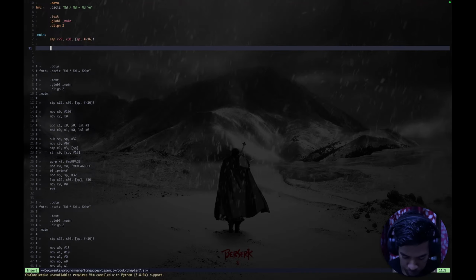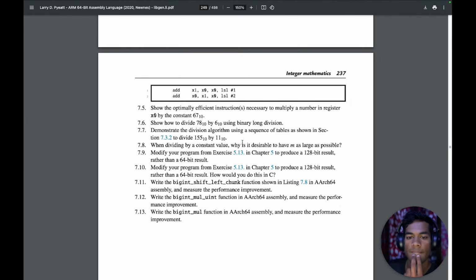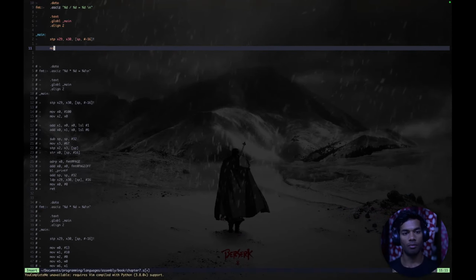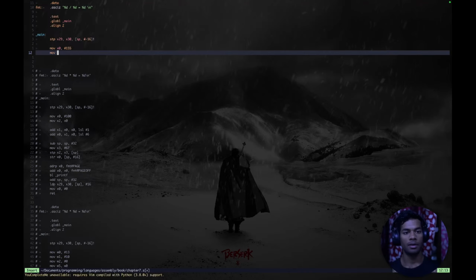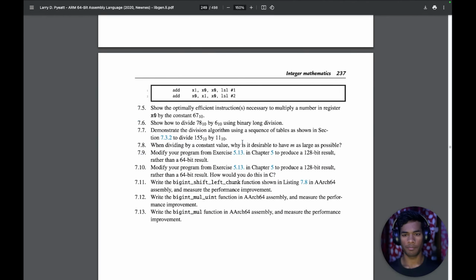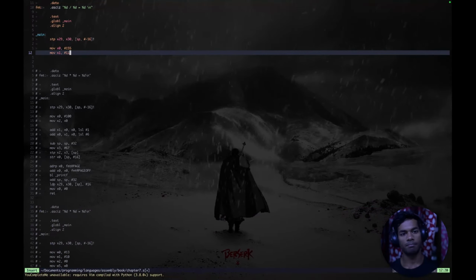What do I have to do now? Multiply, divide, move into the zeroth register 155 and move into the first register 11. What is the answer?